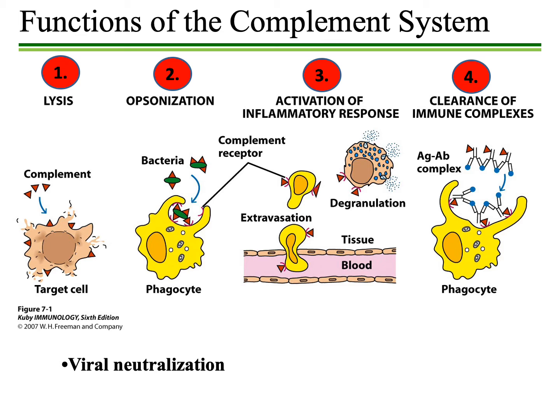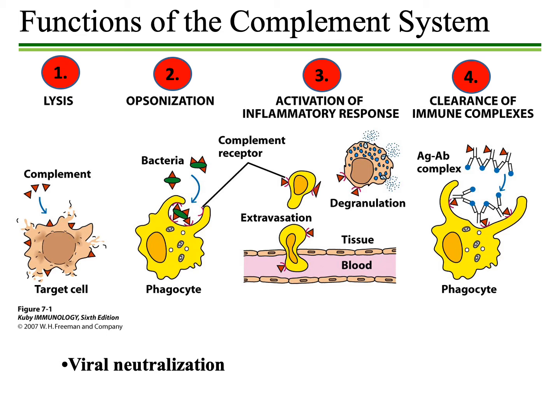Fourth, we see that the fourth function of the complement system is the clearance of immune complexes. Now, this is something that we didn't discuss in too much detail when we considered the adaptive immune response, but we know that antibodies do in fact associate with pathogens and form complexes with these pathogens. It's one of the functions of antibody responses.